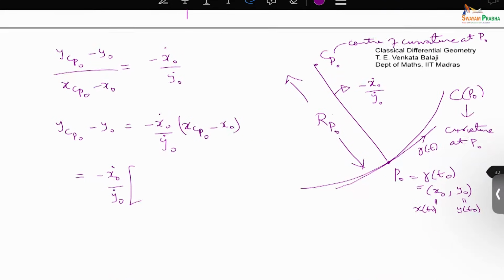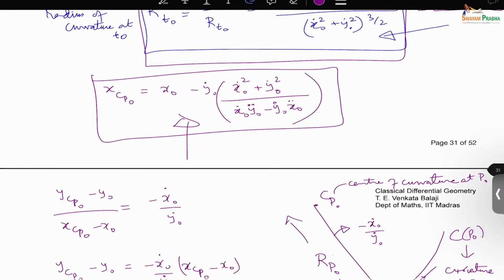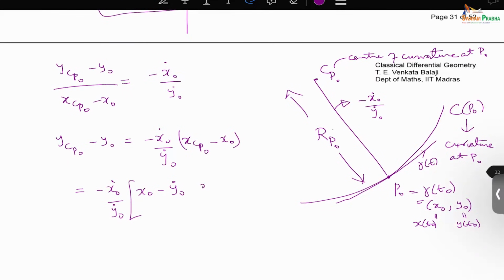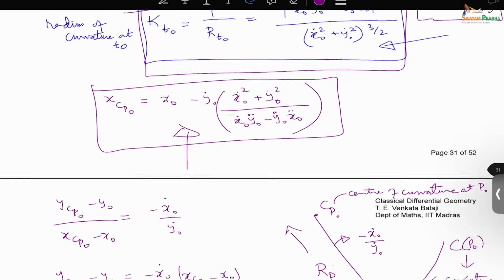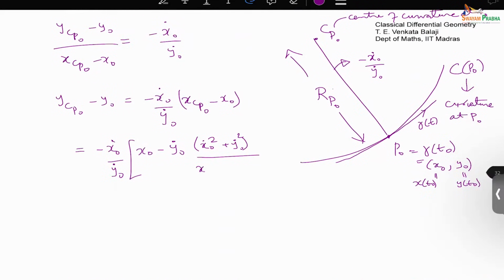It's x naught minus y naught dot times, in the numerator I have x naught dot squared plus y naught dot squared, divided by the denominator I have x naught dot y naught double dot minus y naught dot x naught double dot. This is what it is.